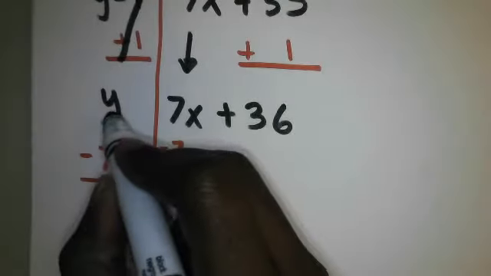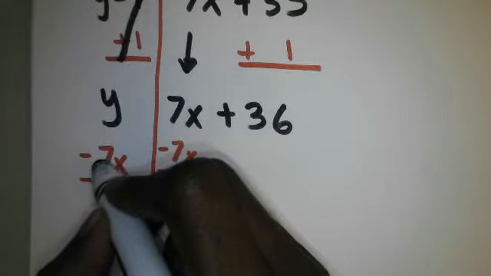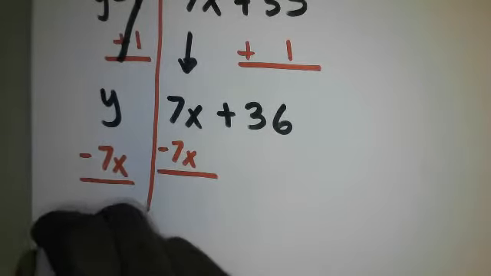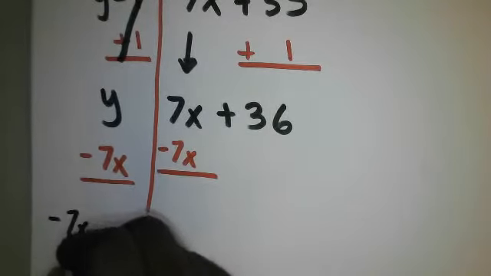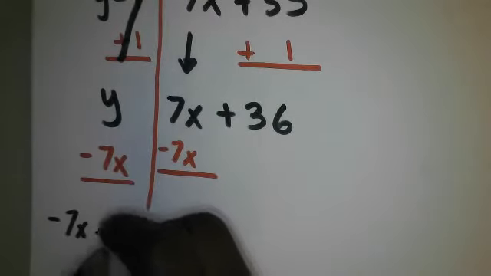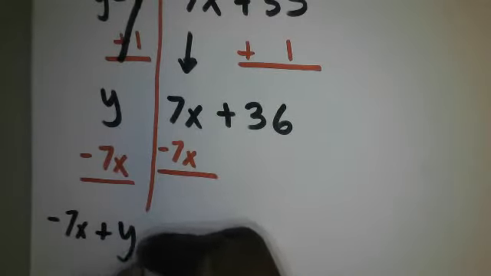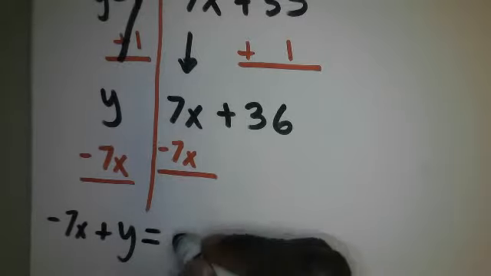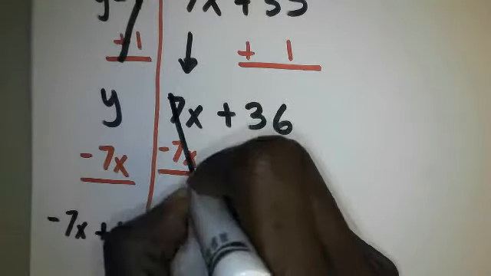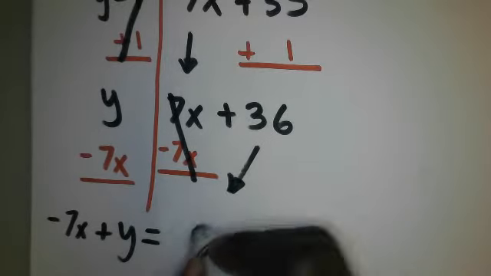Alright, now this would be negative 7x and positive y on this side, and set that equal to, this cancels, this will be 36.